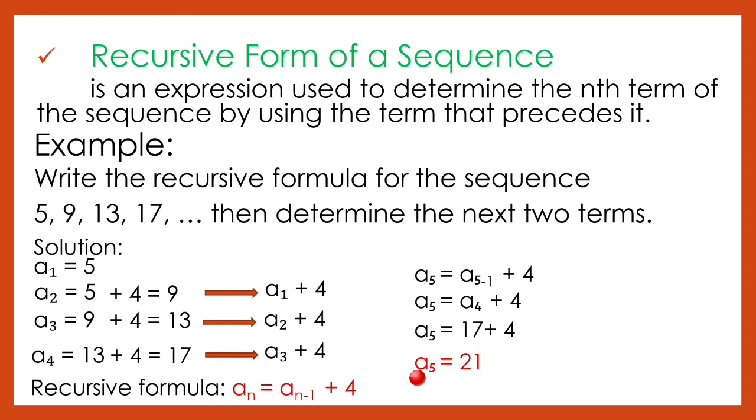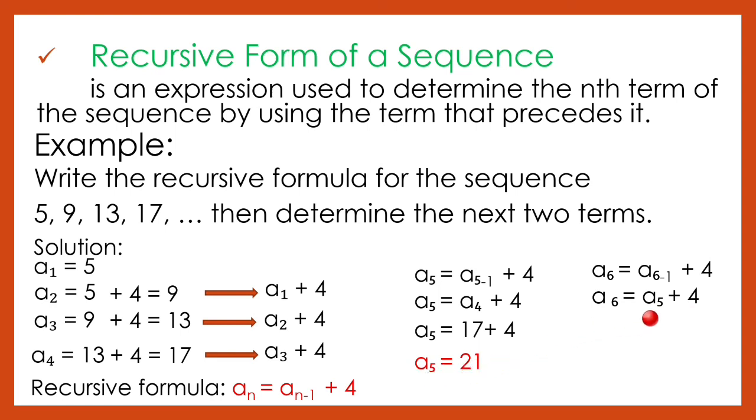Then, the next term is a sub 6 or the sixth term. Substitute 6 to n. So, we have a sub 6 equals a sub 6 minus 1 plus 4. A sub 6 minus 1 is a sub 5 plus 4. Our a sub 5 is 21.